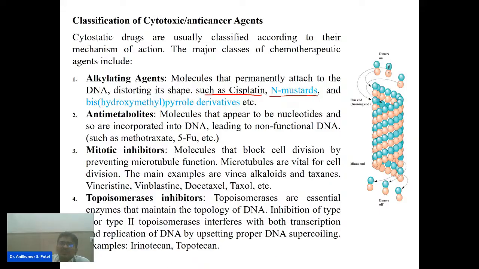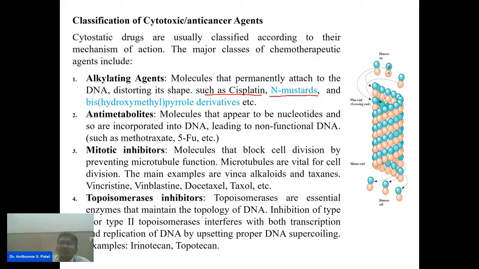The fourth one is enzymes, the topoisomerase inhibitors. Topoisomerases are essential enzymes that maintain the topology of DNA. Inhibition of type 1 topoisomerase as well as type 2 topoisomerase blocks transcription and replication of DNA by upsetting proper DNA supercoiling.